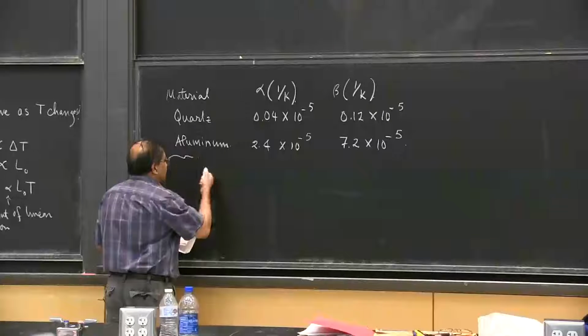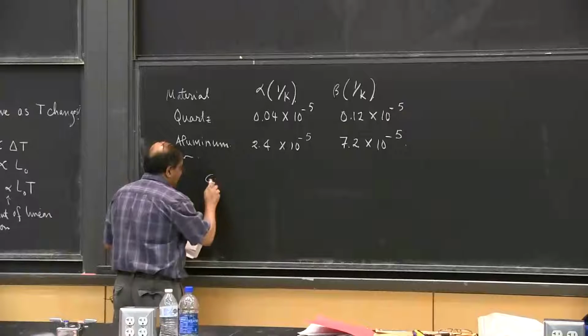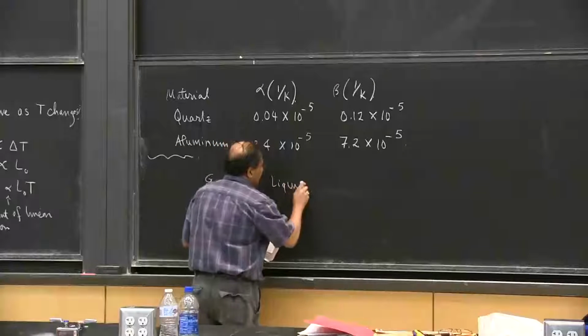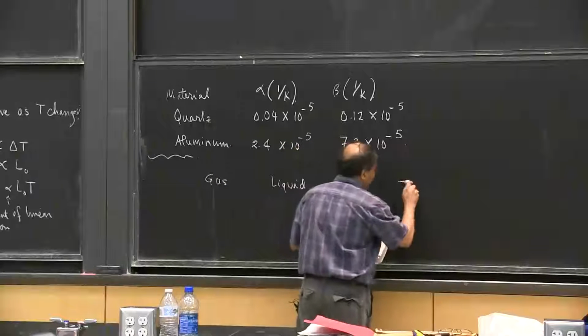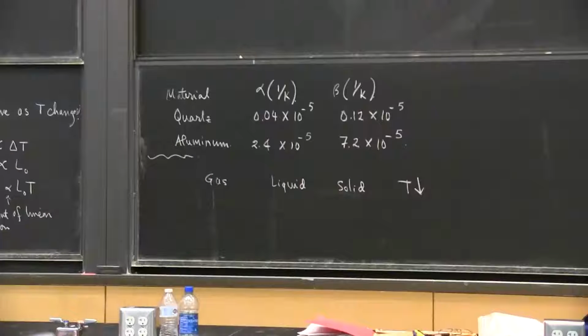So the most common states of matter, as temperature goes from high to low, would be gas, liquid, and then solid. So here temperature is going down as we go to the right. That's what I mean by the symbol on the right.